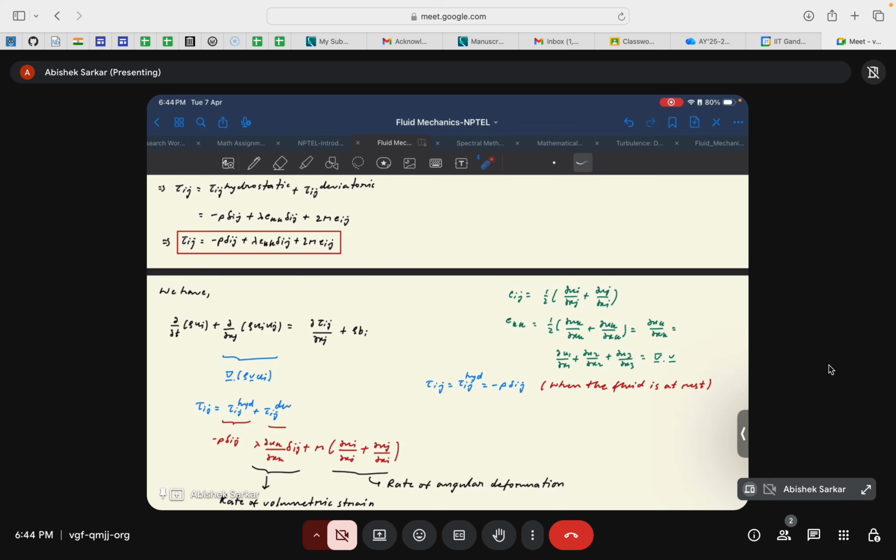These problem solving sessions are meant for understanding or revising the concepts first, and second, to solve some relevant problems that are important for your assignments and your exams. Those are the two main objectives for these sessions.